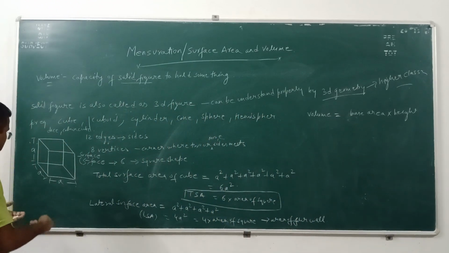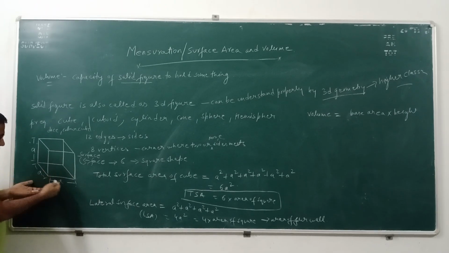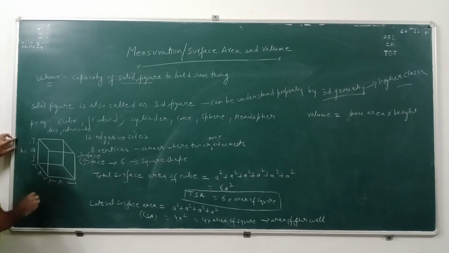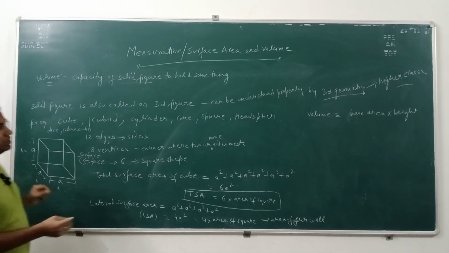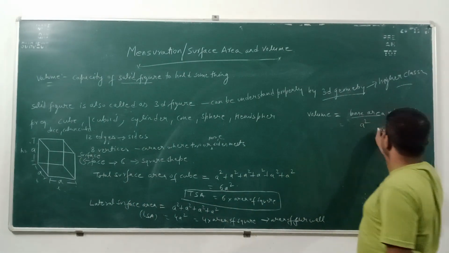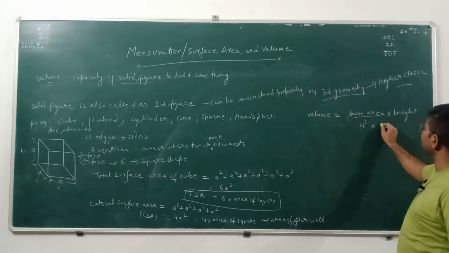So you can see here, if you see this cube, this part is the base, and base area is a into a. Suppose this is height, this is length and this is breadth. Then a into a means you have to multiply, so base area is a square because it is the shape of a square, and height is a.